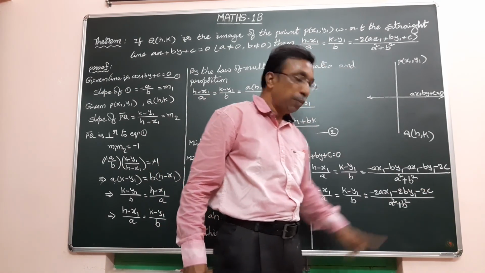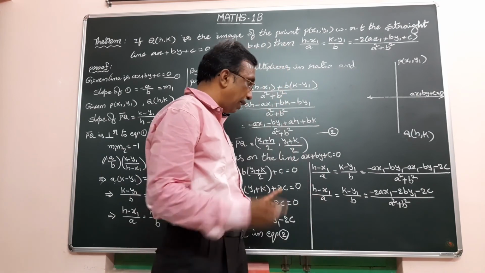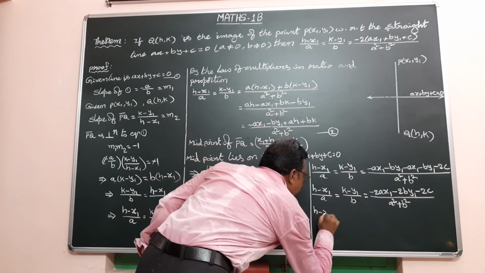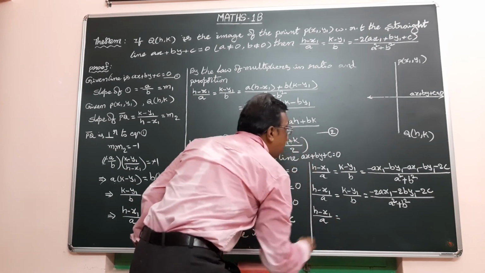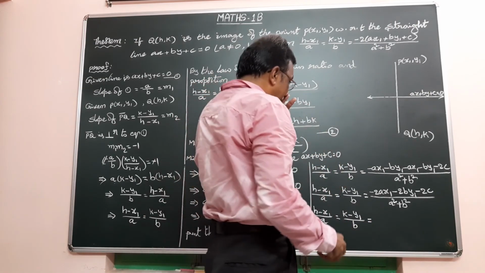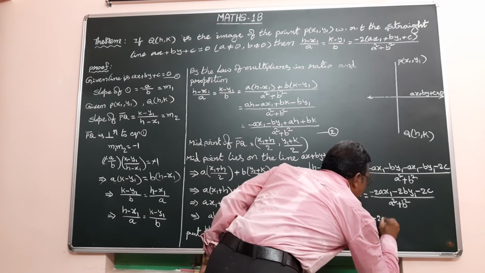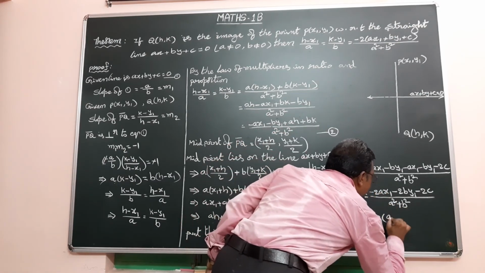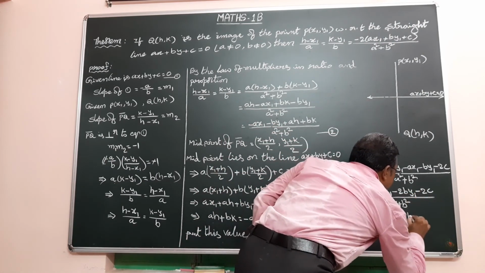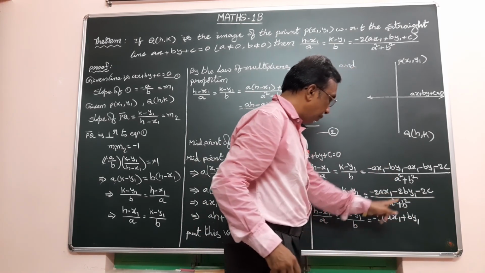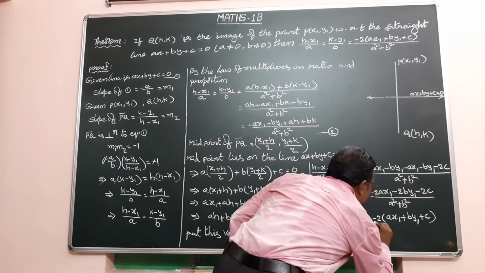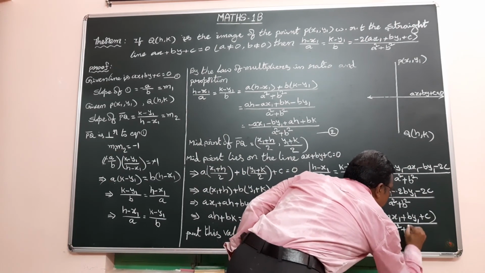All terms have a negative sign, so we take minus 2 as common in the numerator.